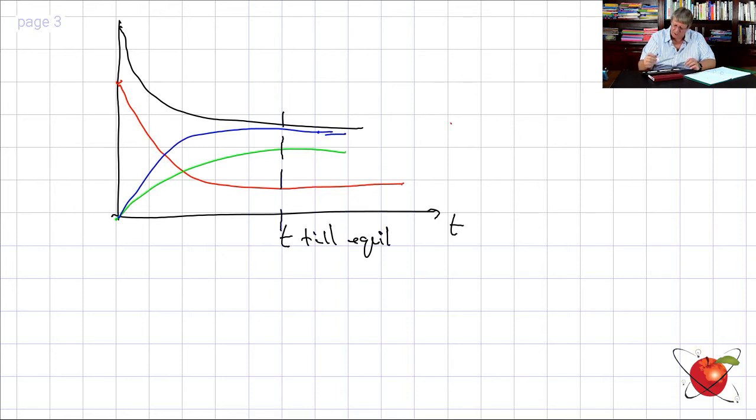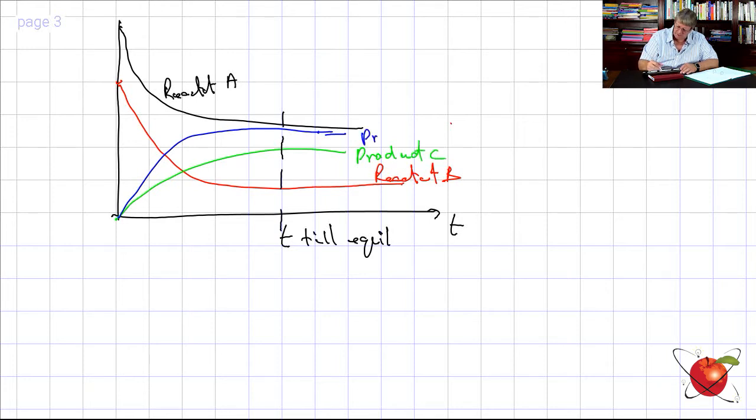So the first thing we say is, you are a reactant. Let's call you reactant A. The red one is reactant B, and I'm labeling them, look. The other one, the green, is product C. The blue is product D. Reactant A, reactant B, because I've got two reactants to give me two products.